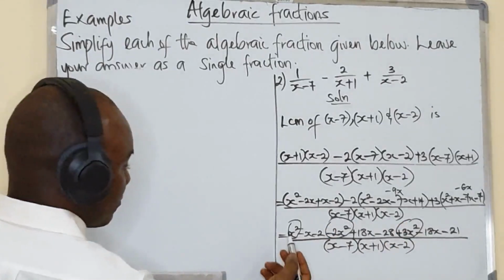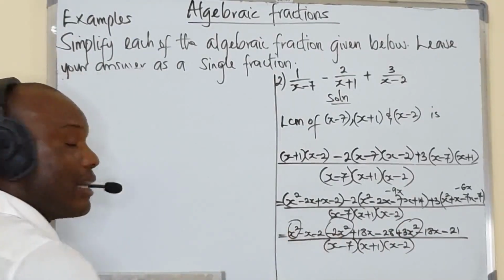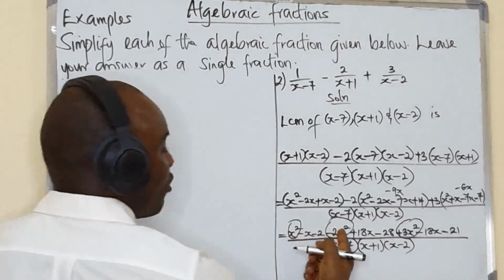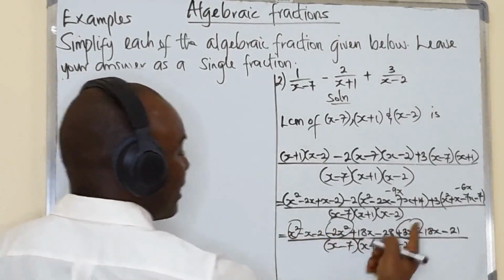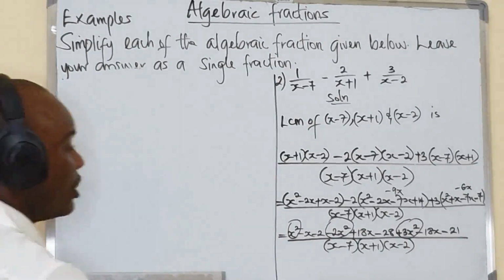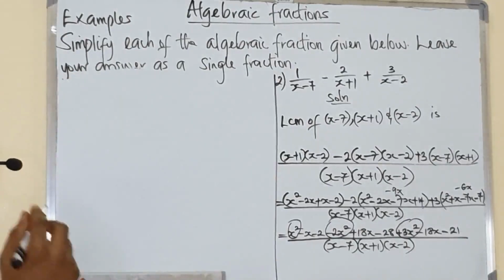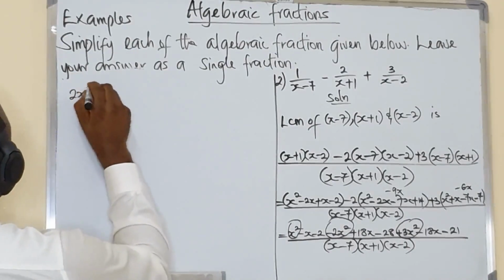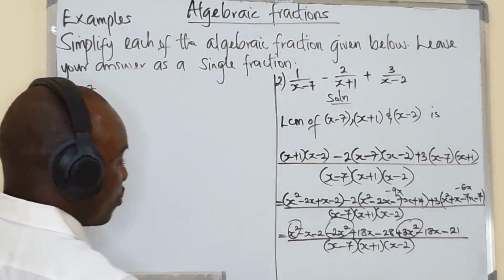Let's work it out. x squared minus 2x squared leaves us with negative 1x squared. Negative 1x squared add 3x squared is the same thing as 3x squared minus 1x squared, which is the same as 2x squared. So we write it down here, 2x squared. We're done with the x squares.